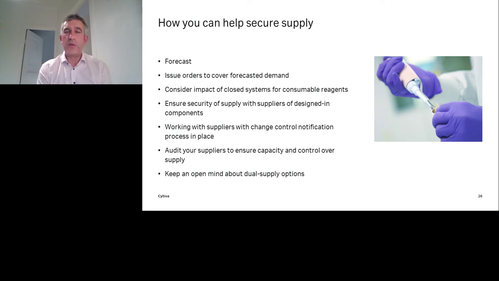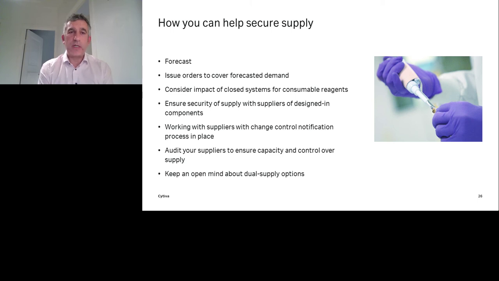And then when it comes to designing components, we strongly advise customers to take a hard look at the security of supply measures that those vendors are taking. It's also important to work with suppliers that have strong change control notification processes in place, and this needs to be replicated at N-1 and N-2 levels of supply to ensure that consistency of supply can be maintained.